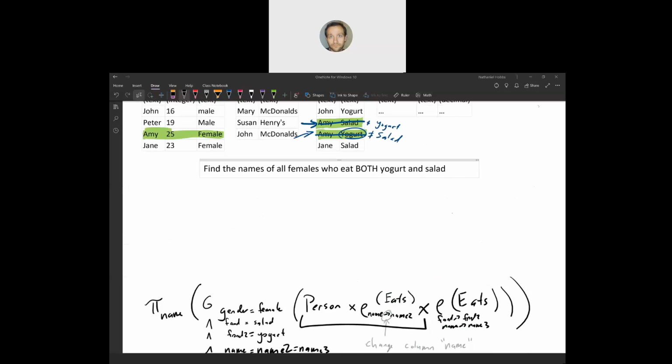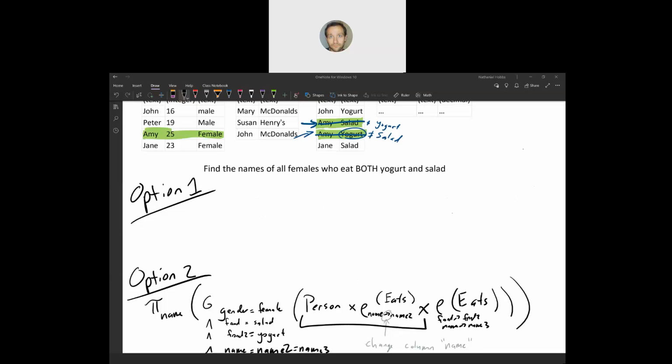So this is one option. There's another option, which is, and again, this is why I think sometimes thinking about these things as sets can be useful. The females who eat both yogurt and salad.